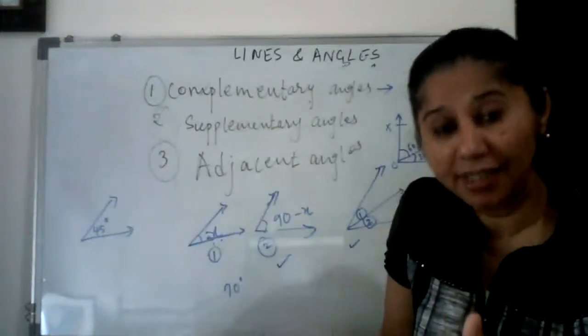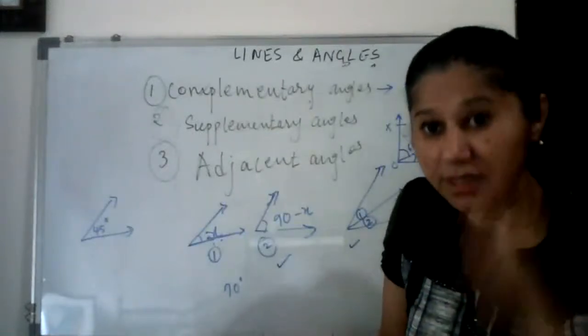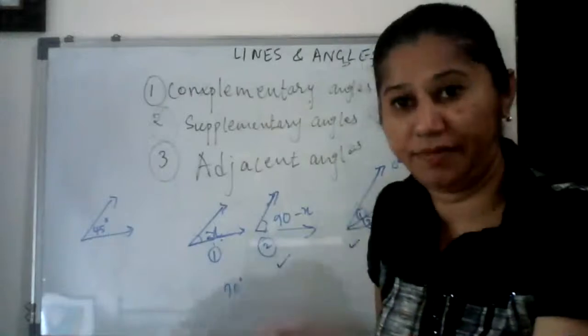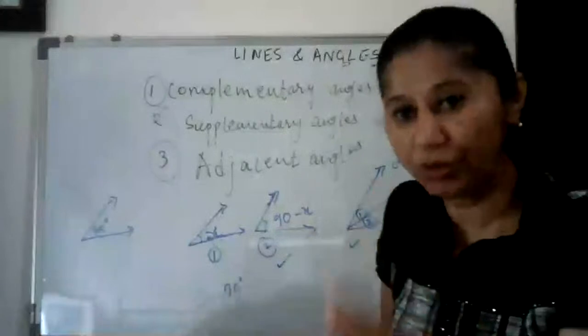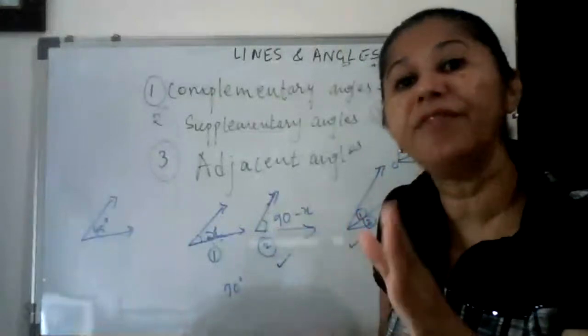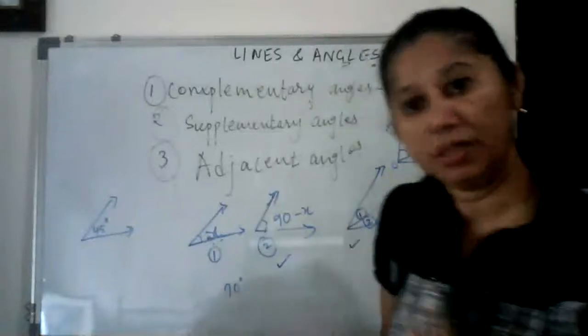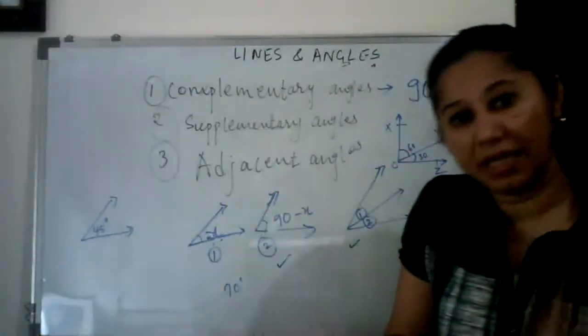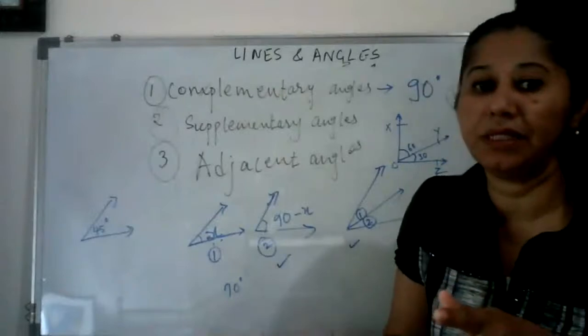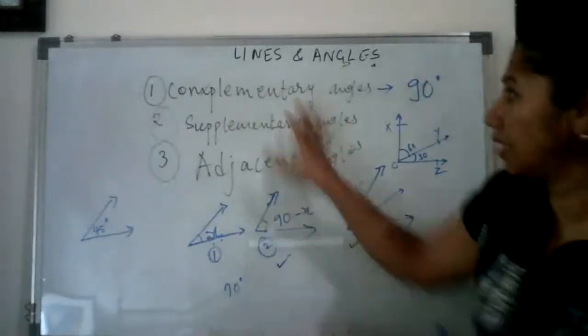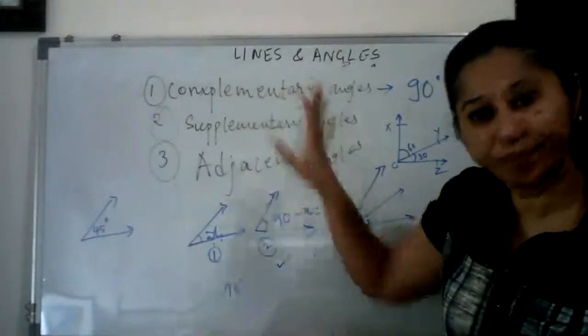So the angle which is equal to its complement is 45 degree. एक मात्रा में. Fine? Is it clear? So the angle which is equal to its complement is 45 degree. Fine? Did you understand the complementary part?